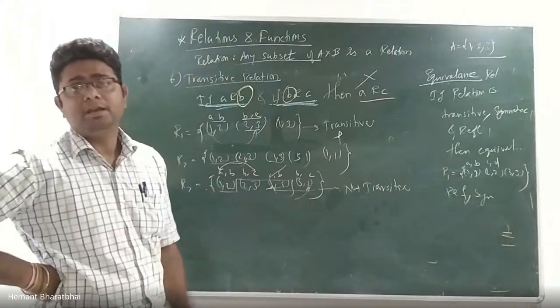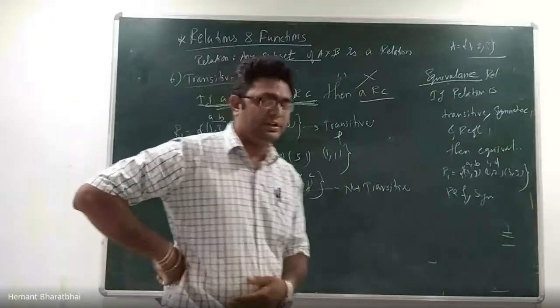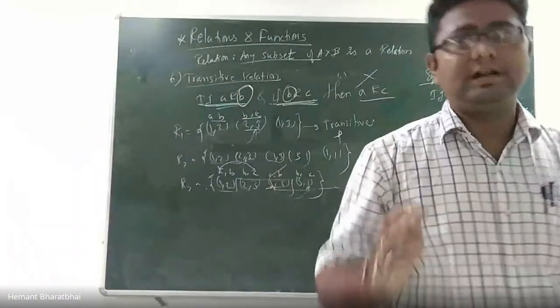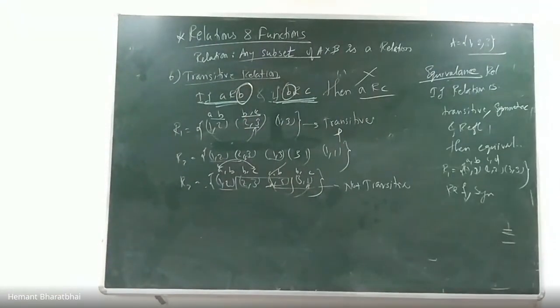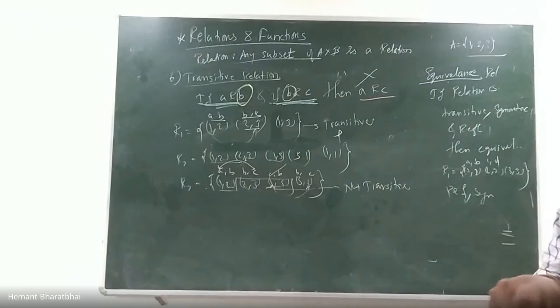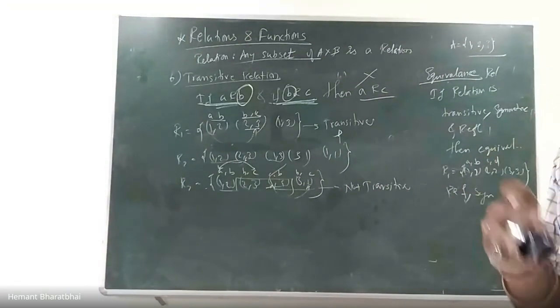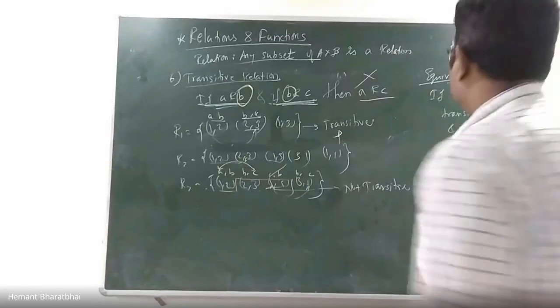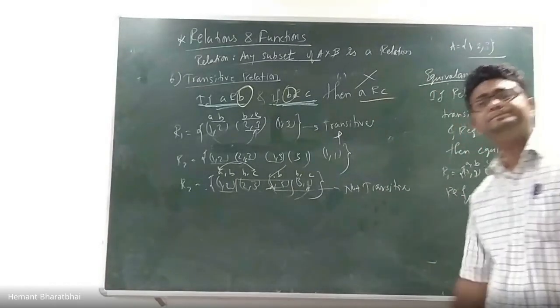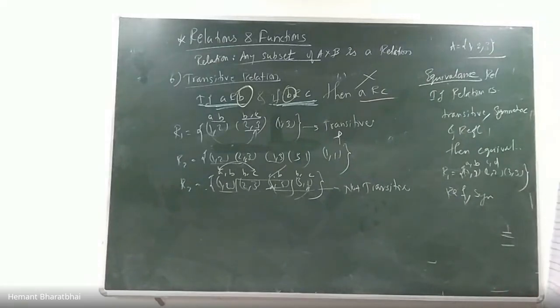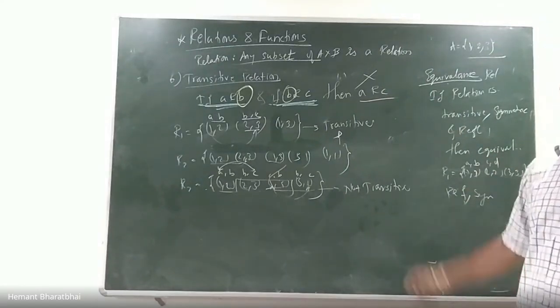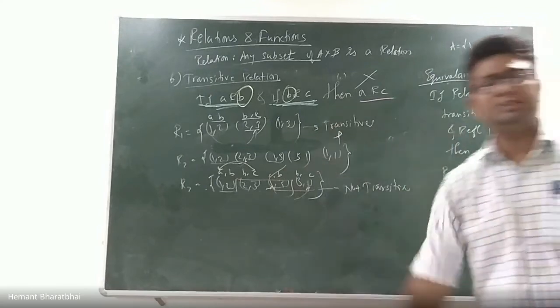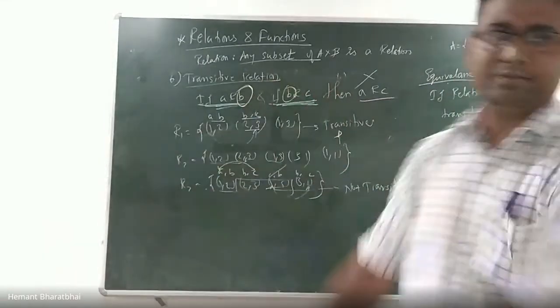Hence, every identity relation is a transitive relation also. Here we don't have to think between A and C because B and C are not related. If B and C are not related, then we don't have to think of this condition. So each are different pairs. We don't have to think whether this relation is getting transferred or not because every individual is different.